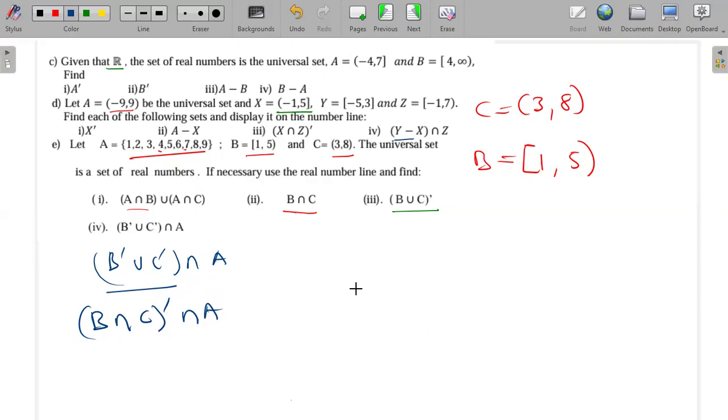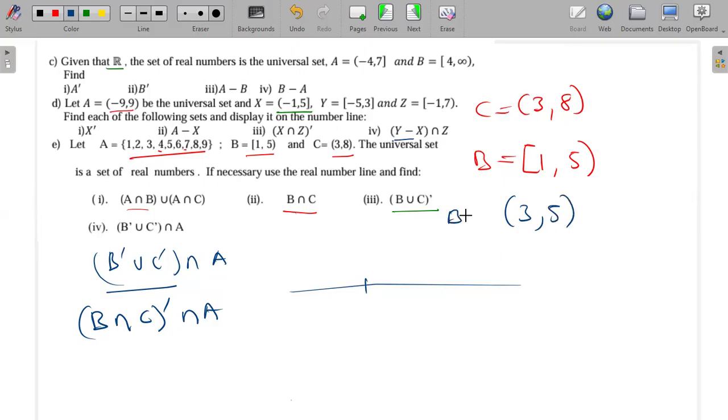So I look first at my intersection, which I had found in the second part of the question. The intersection we had found is open at 3, and then all the way up to 5, and it is open at 5, like that.